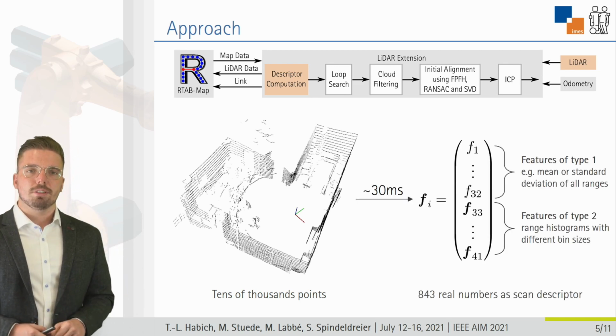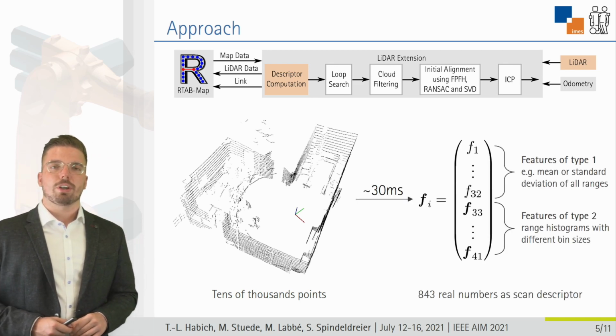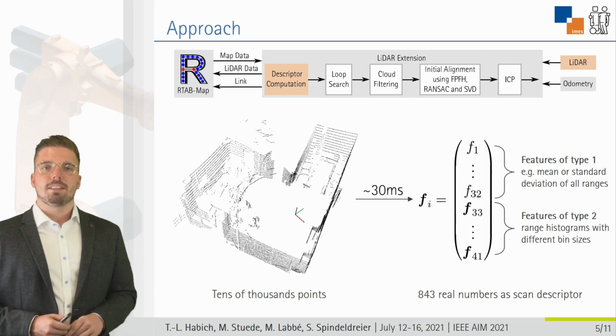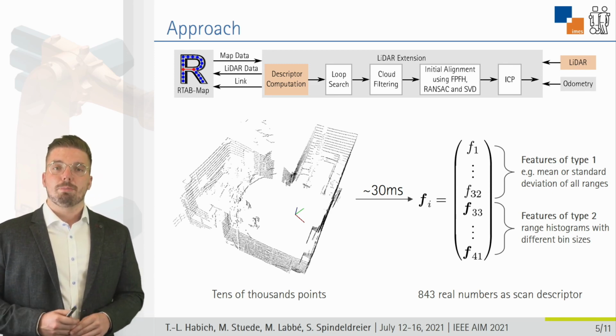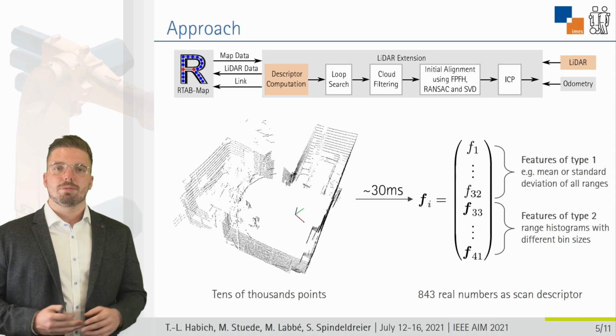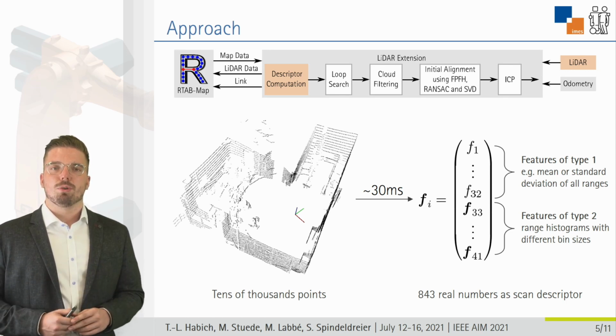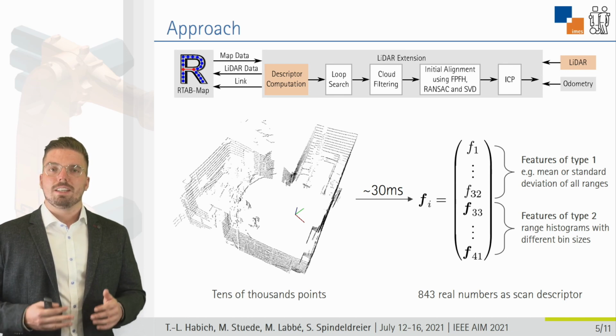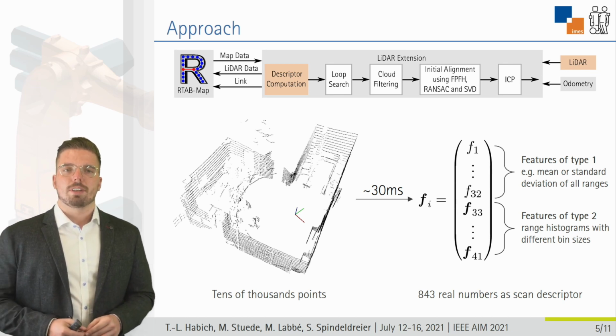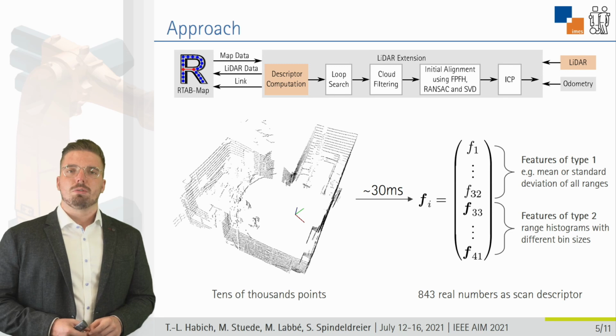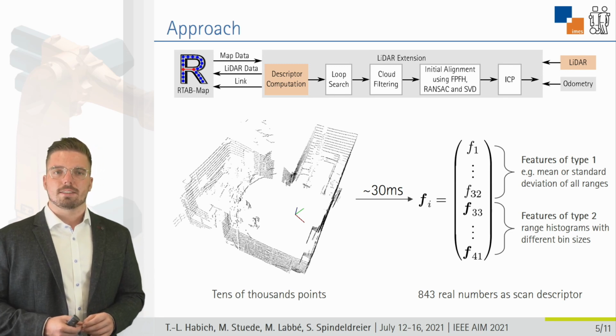For this purpose, we use scan descriptors which are computed within a few milliseconds and represent the point cloud with different geometric features. Features of type 1 map the point cloud to a real number, for example, simple quantities such as the mean range, and features of type 2 are range histograms with different container sizes.